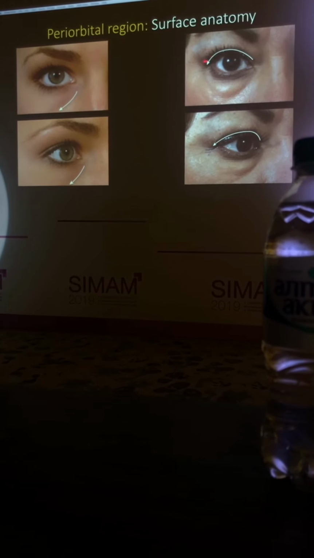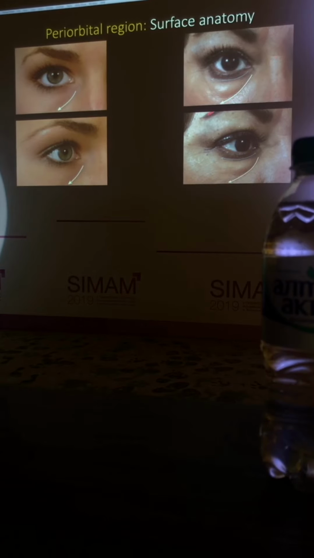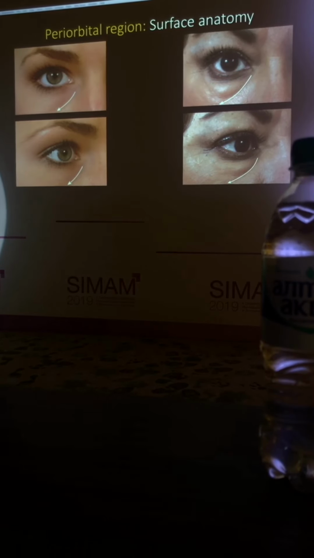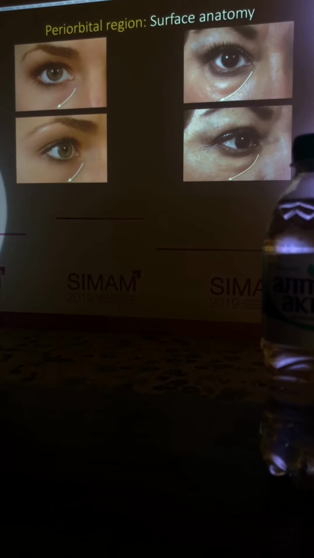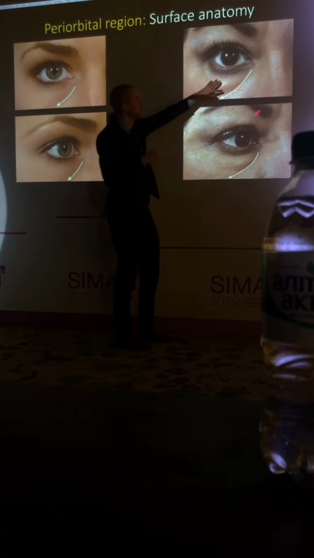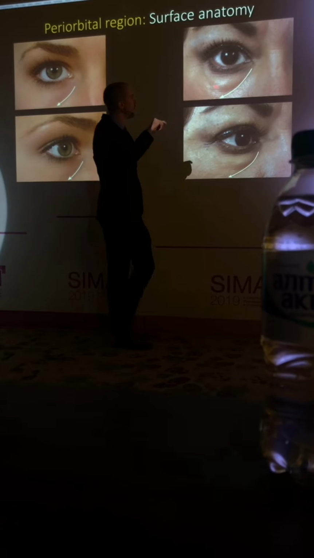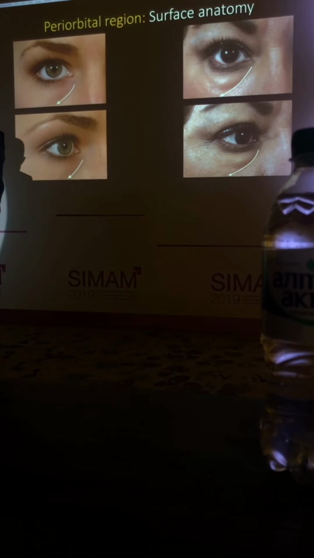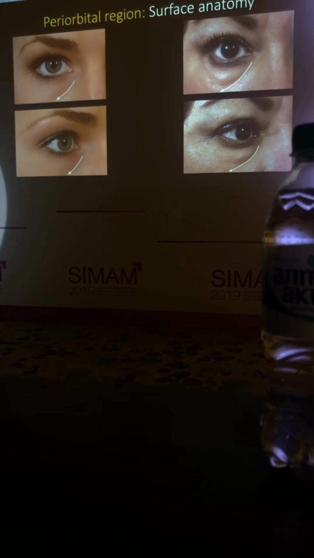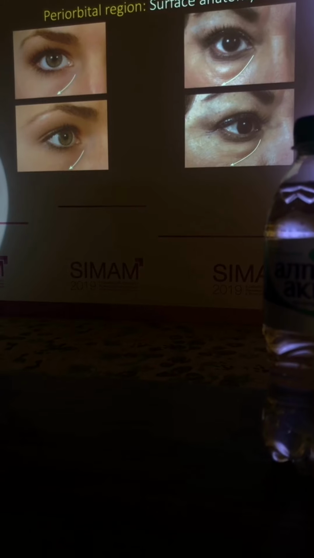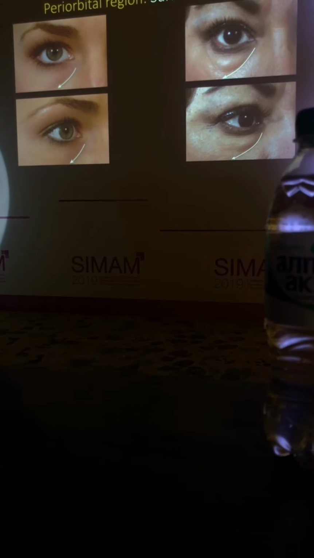So we have the superior lid crease again, the inferior lid crease, and then we have this tear trough. This tear trough is much more visible than this tear trough, and on the aging face it is much more pronounced than in youth. The difference is here, and that's because during aging the orbital septum weakens and the intraorbital fat bulges out.